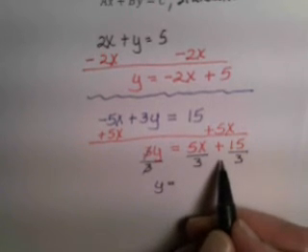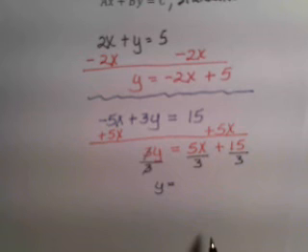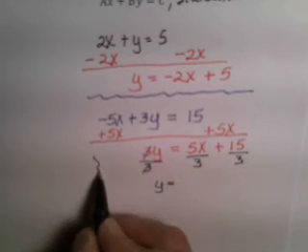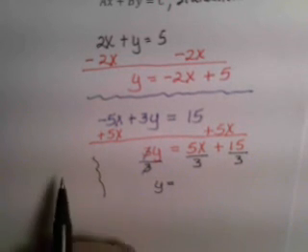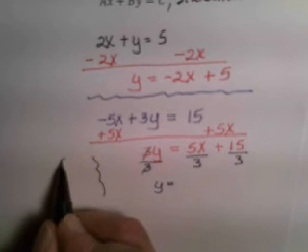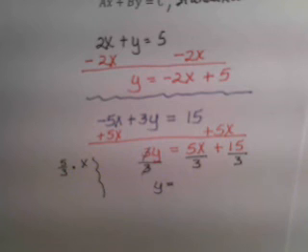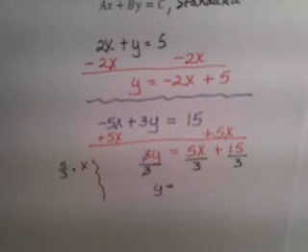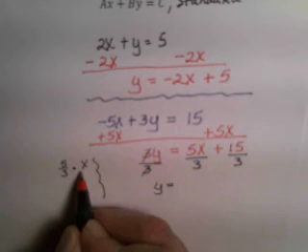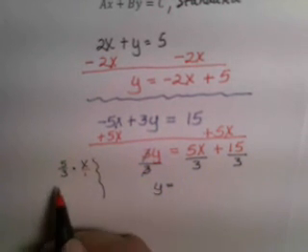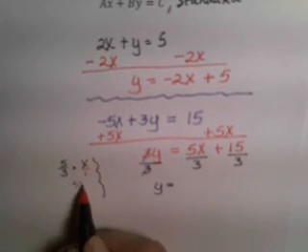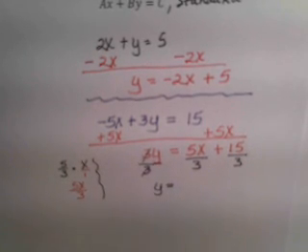Now, if you think about 5x over 3, if we had 5/3 times the whole number x, and we were going to do that multiplication, we'd just put x over 1, and then we would multiply and have 5x over 3.